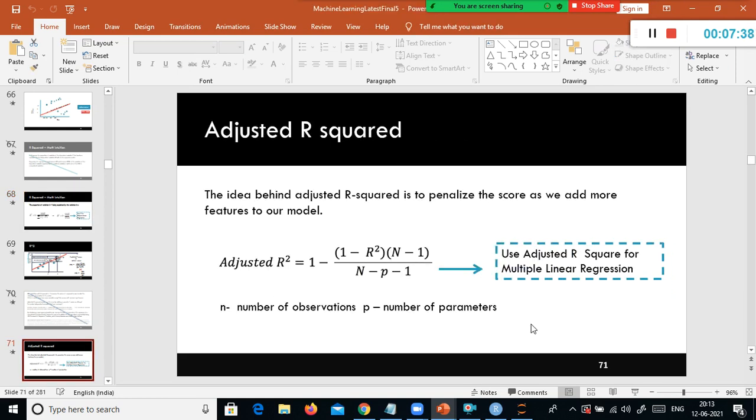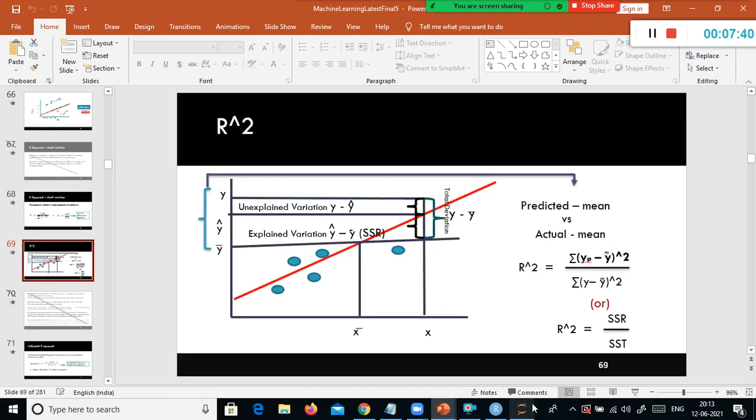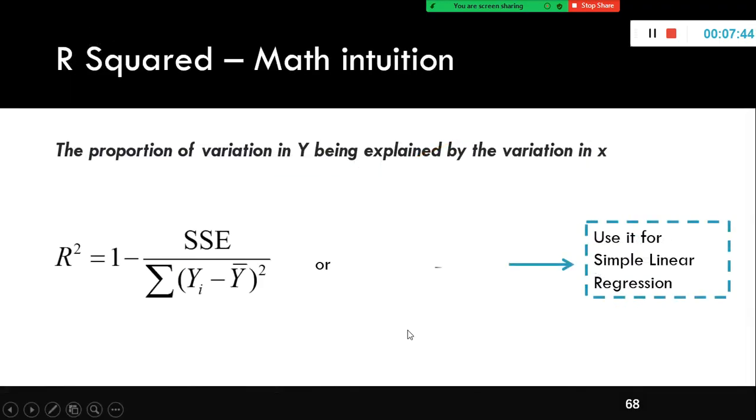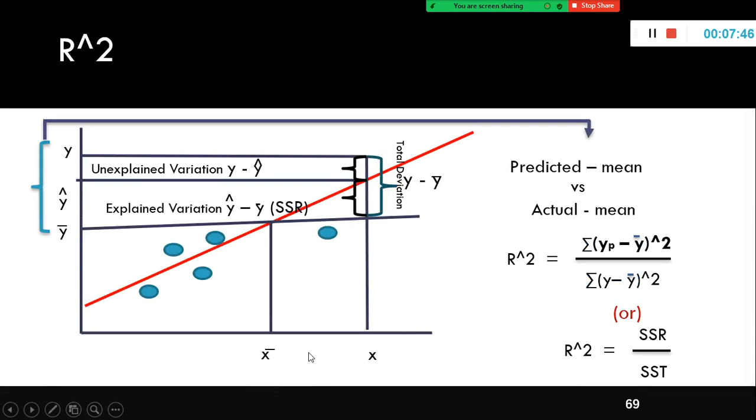Sum of squared regression. If you look at this visually, you will get to know this. This is my x-axis value, size of the house. This is my housing price. If you take the mean value of x, it will be there in the middle. If you take the mean value of y, the average y value will be in the middle of this line.